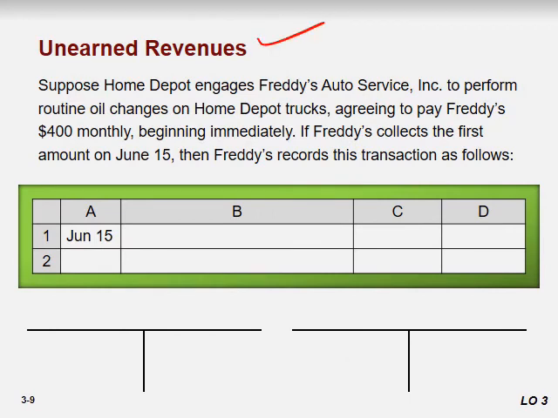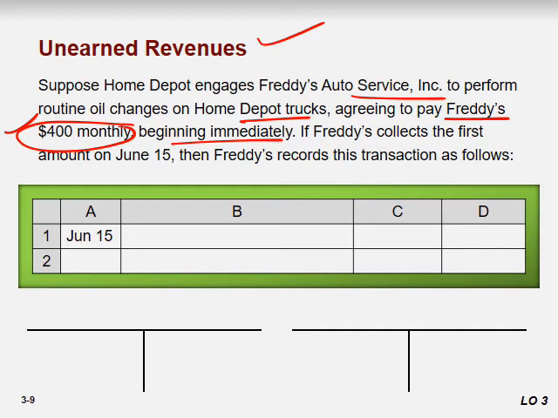Suppose Home Depot engages Friday's Auto Service Incorporation to perform routine oil changes on Home Depot trucks, agreeing to pay Friday's 400 monthly, beginning immediately, which means they pay the 400 immediately.